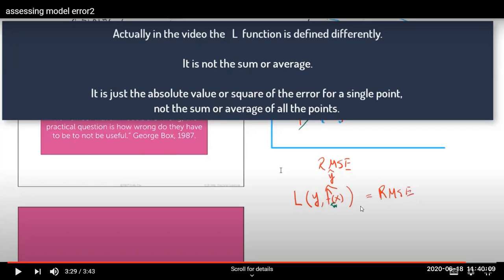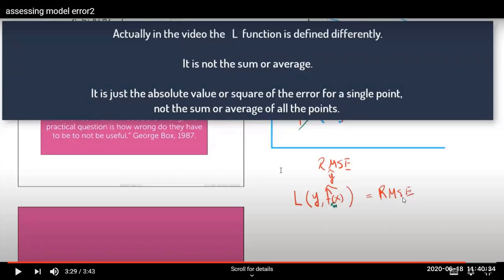This is just the squared error. If we want the root mean squared error, we have to take the mean of this and then take the square root of that. So that's what this notation means. I had it wrong. This doesn't include summing up and dividing by n. It's just the first part, just taking the squared error.